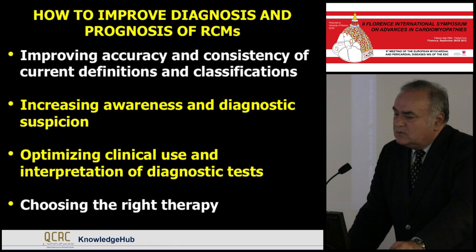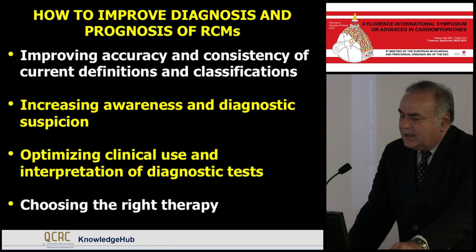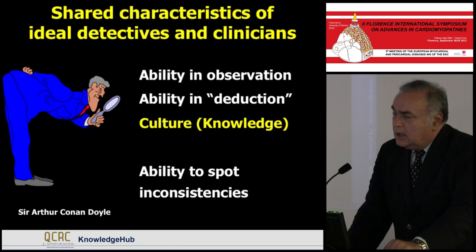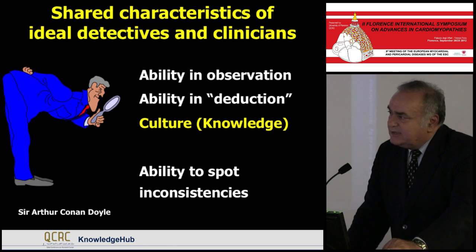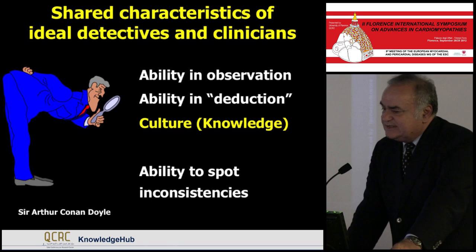In the final minutes, we are going to discuss a very important problem, in my opinion: how to improve diagnosis and prognosis in relationship to the infiltrative disease, and in particular with cardiac amyloidosis. Other tools: increasing awareness and diagnostic suspicion, and optimizing clinical use and interpretation of diagnostic tests. Culture, I mean knowledge, is absolutely important in detection and in diagnosis, not only ability in observation, not only ability to spot inconsistencies.